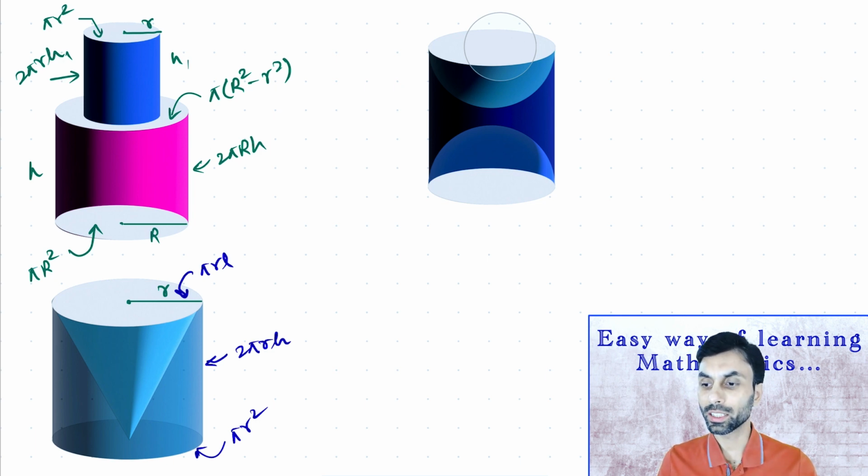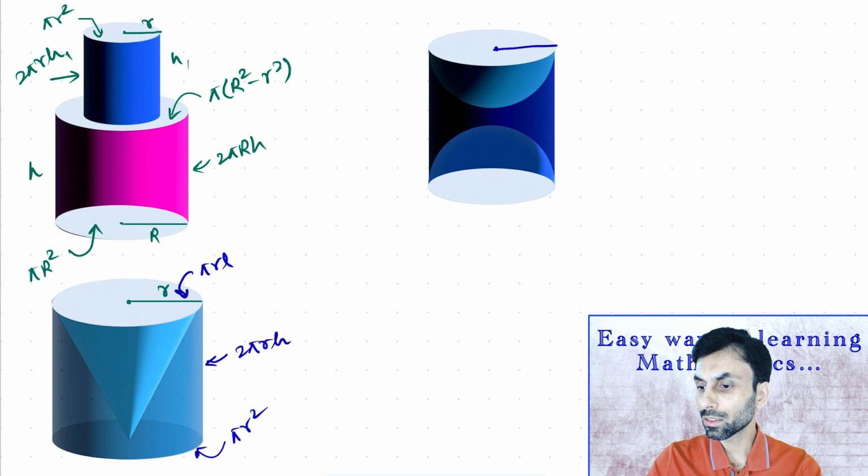Another case is where a hemisphere has been carved out from a cylinder at the top and bottom both. In this case, if we take the radius as r and height as h, the curved surface area will be 2πRH.